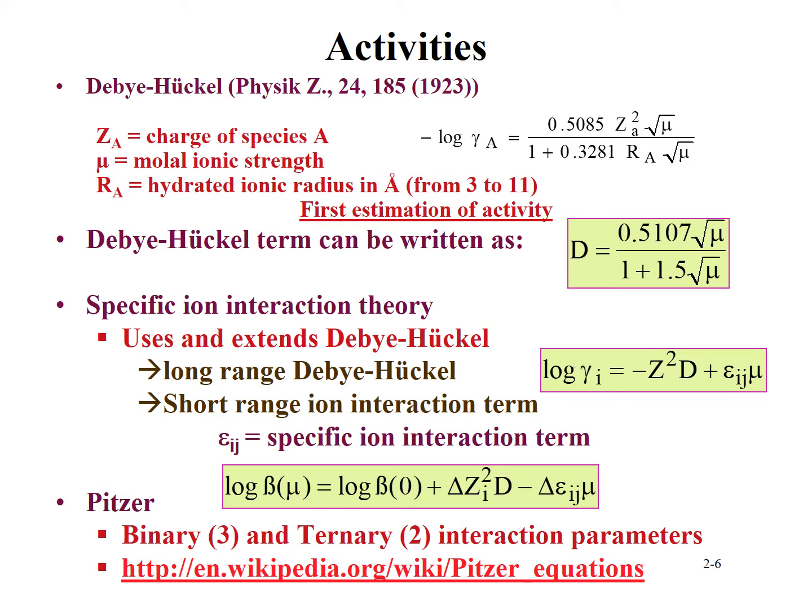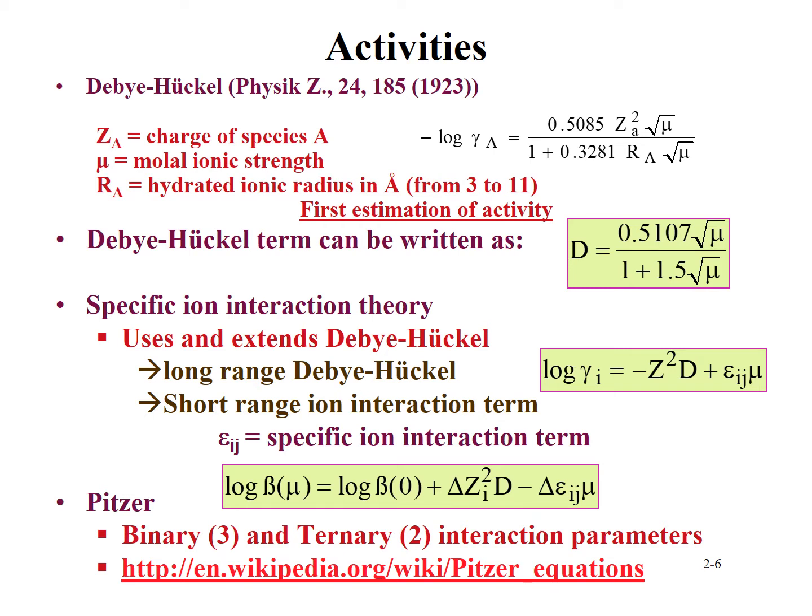You can develop a term for the Debye-Huckel equation, which is listed here, where we just get this term as a function of the square root of the molal ionic strength. The Debye-Huckel terms are useful for extending activities to higher ionic strength. The Debye-Huckel equations are really reasonably good for low ionic strength.